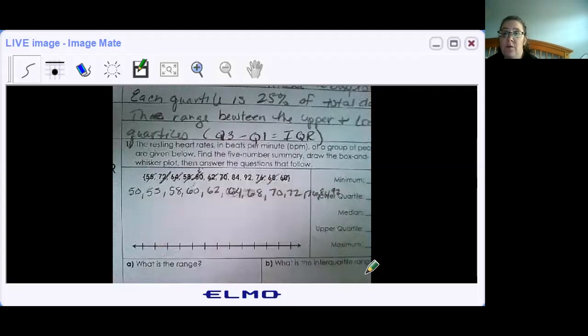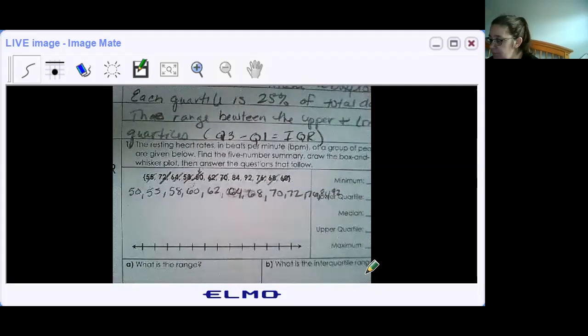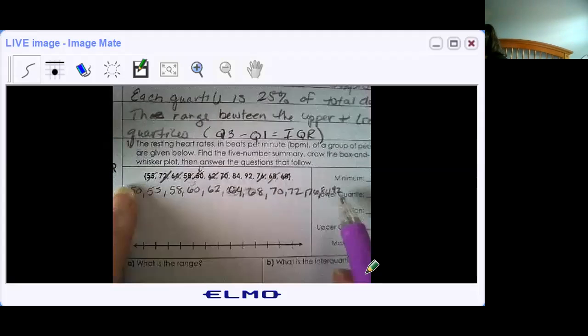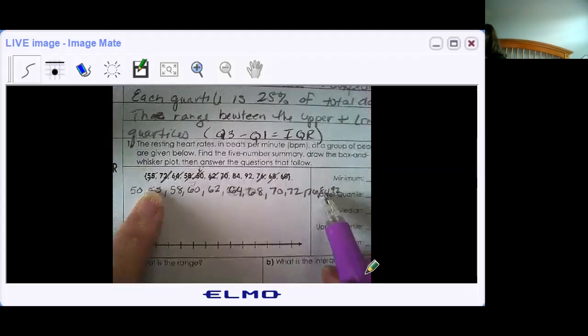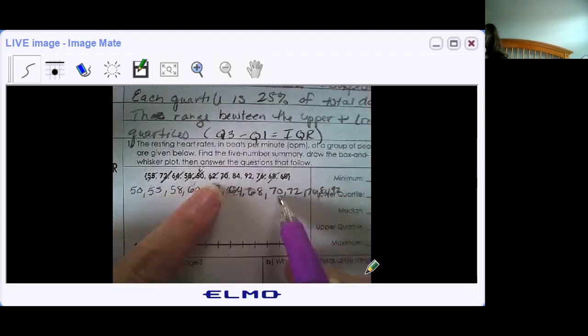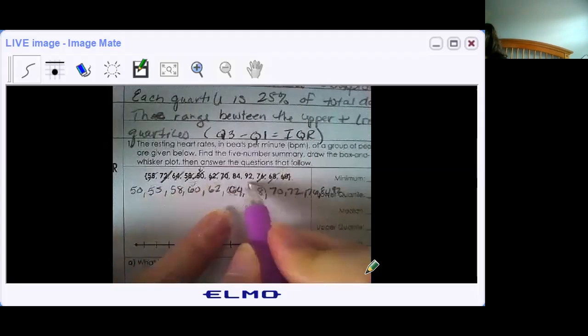Now that they're in order from least to greatest, I need to find out where the middle is. The easiest way to do that is to count. So start from the outside, count in. 1, 2, 3, 4, 5, 6. Oh, there are 2 numbers in the middle.